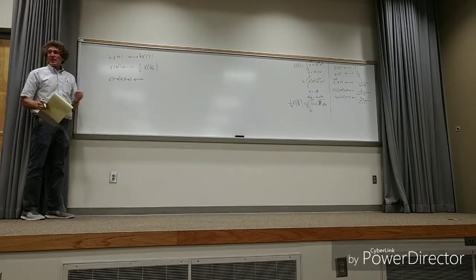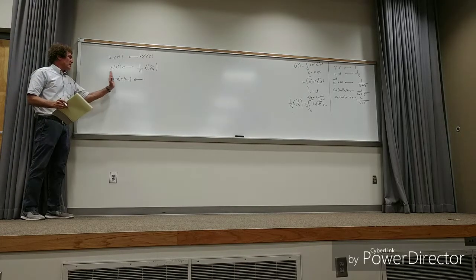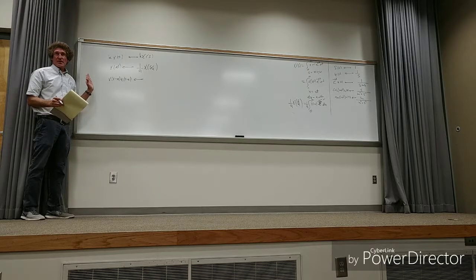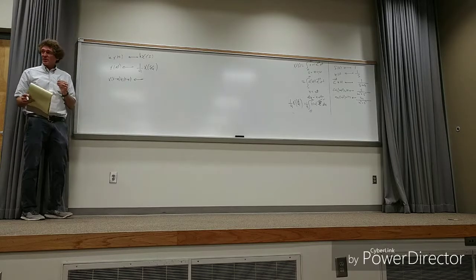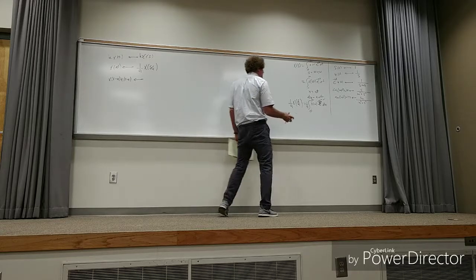Before, I forgot the u of t minus a here. In other words, this is shifting everything over by a. Think of it. If it started before at 0, x of t, now it's starting at a. Think of it that way, because the u of t minus a is 0 until t is a. So I'm going to come over here and do that one.